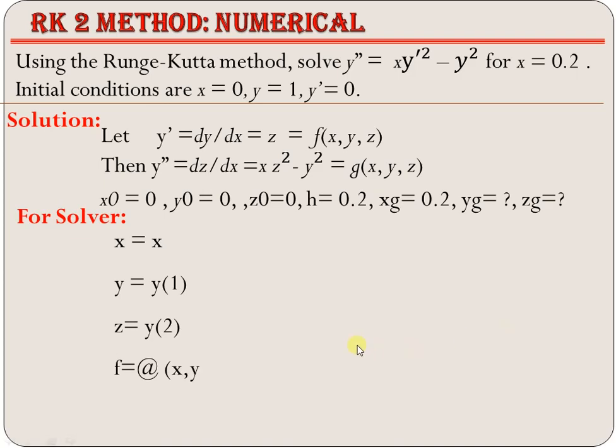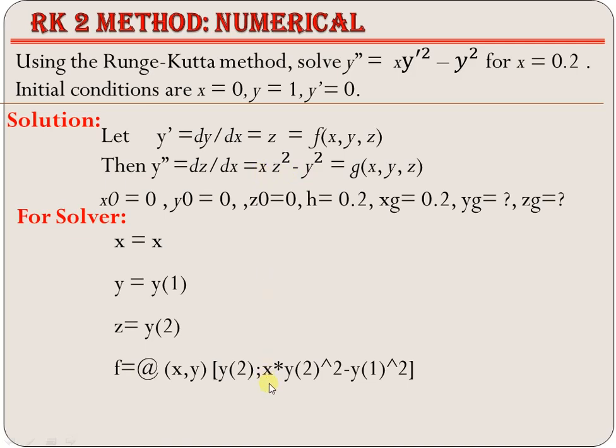So f will be written as @ in bracket x comma y, because we are considering only two variables. Then z will be replaced by y of 2, so it will be written as y of 2. Then give a semicolon, and then we need to define the second equation, that is dz by dx.